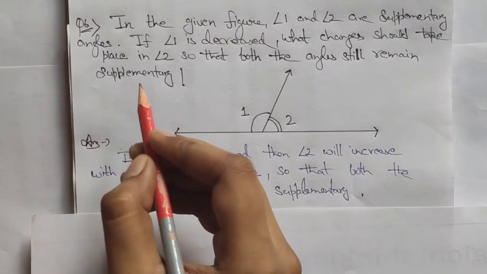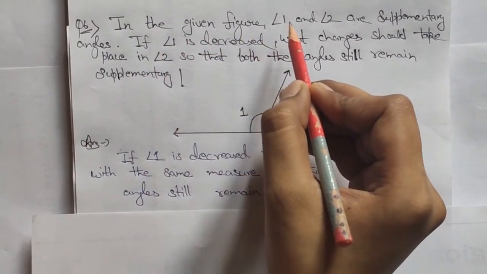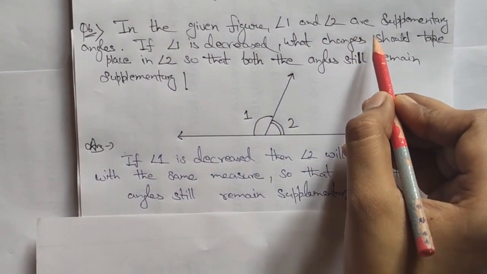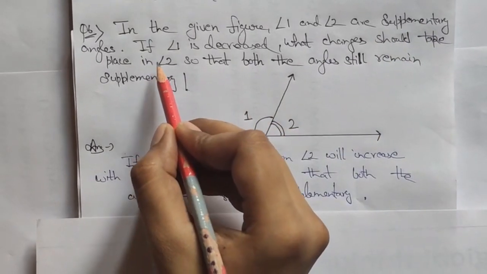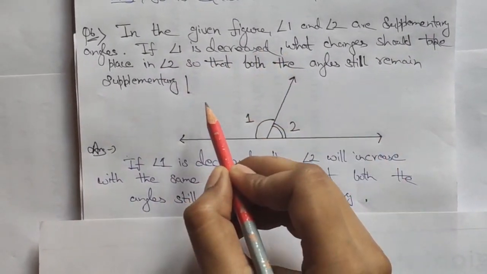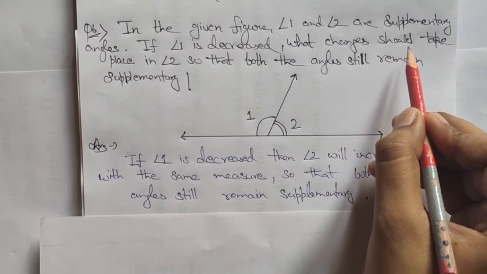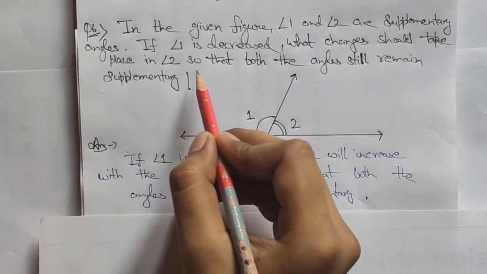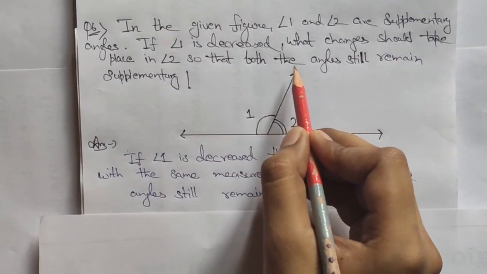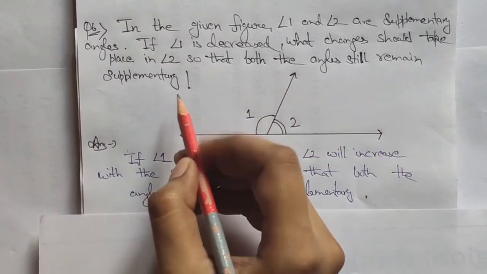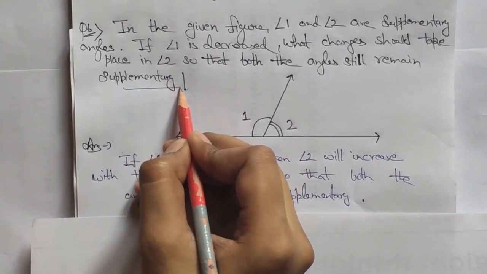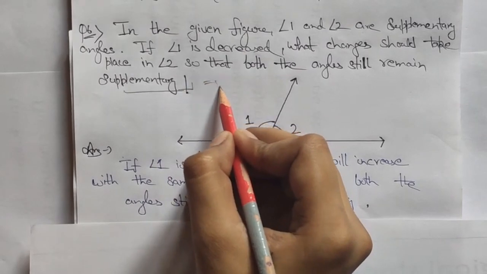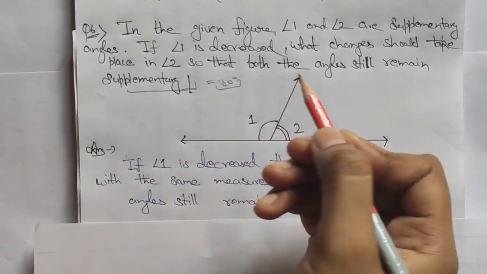Question number 6. In the given figure, angle 1 and angle 2 are supplementary angles. If angle 1 is decreased, what changes should we place in angle 2 so that both the angles still remain supplementary? You know that if the sum of two angles is 180 degree, then this is called a supplementary angle.